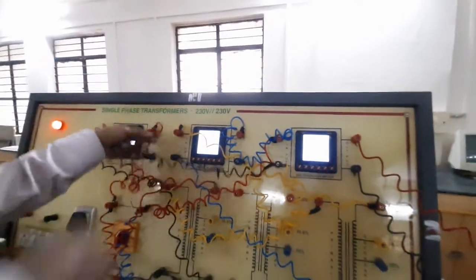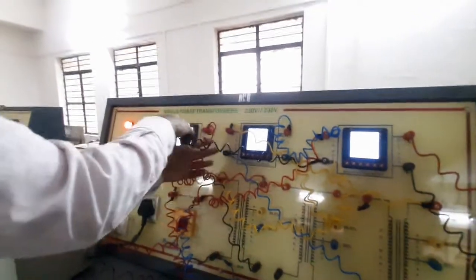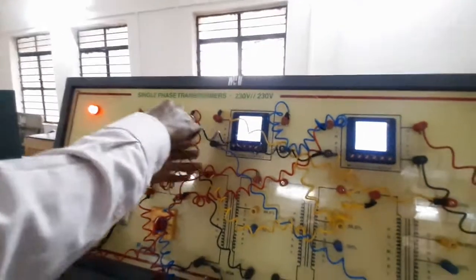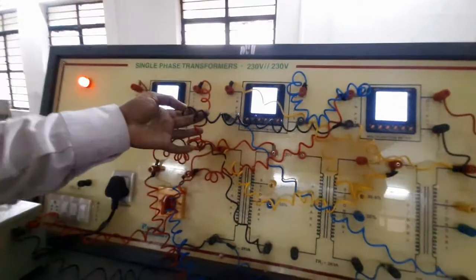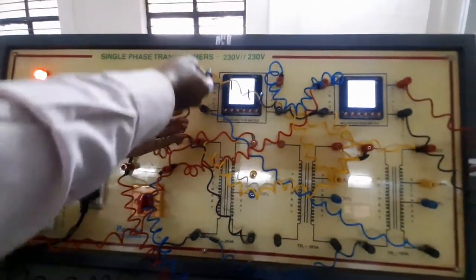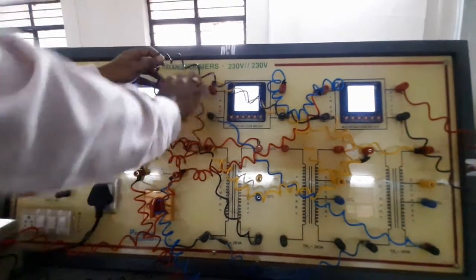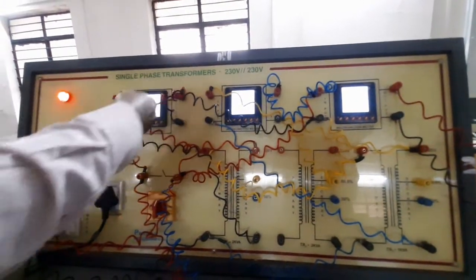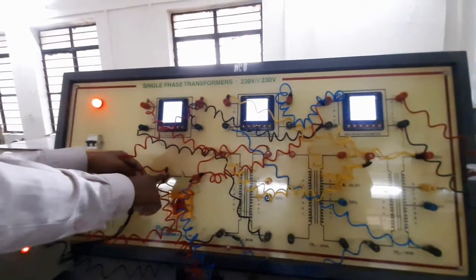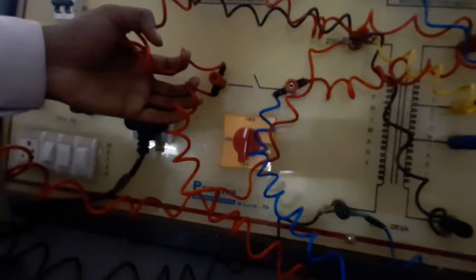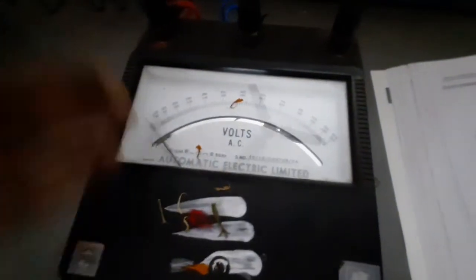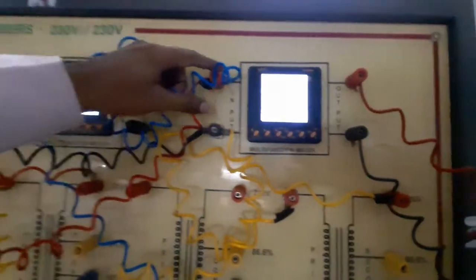And the output of the multifunction meter. The multifunction meter consists of an ammeter, voltmeter as well as wattmeter. Then the output of the multifunction meter goes to the switch. Across the switch we will connect the voltmeter, and the second point of the switch goes to the third multifunction meter.